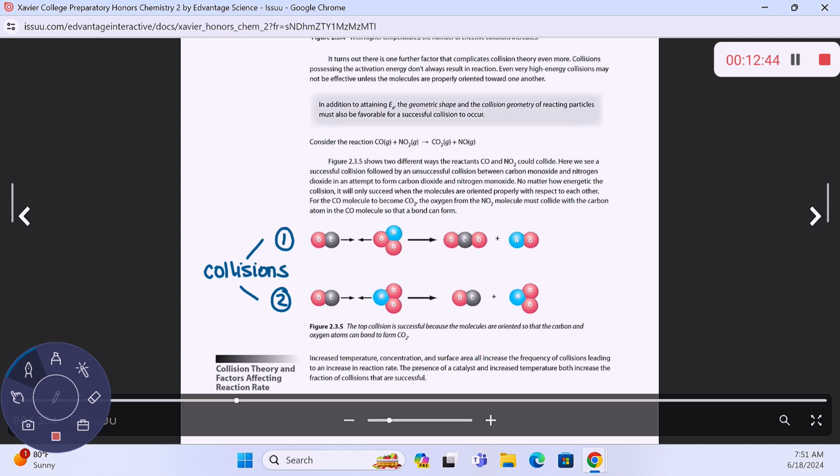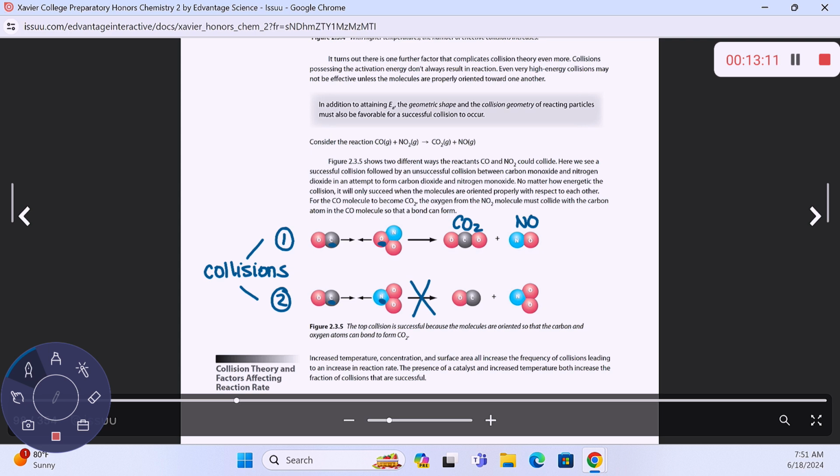In collision number 1, you're producing carbon dioxide and nitrogen monoxide. This is what you want. In order for this to happen, the carbon in carbon monoxide has to hit an oxygen in nitrogen dioxide. And it has to meet the activation energy to produce product. Down here, when the carbon hits the nitrogen, we do not produce carbon dioxide and nitrogen monoxide.